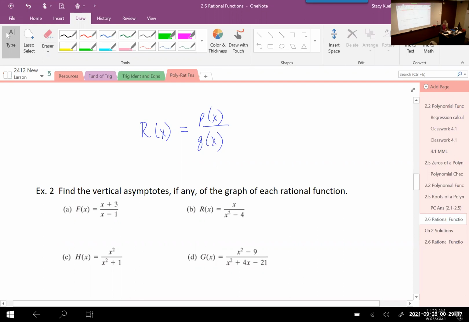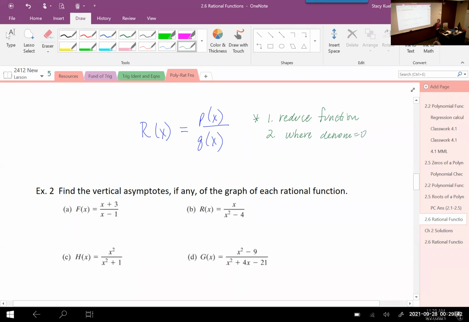When we think about vertical asymptotes, to find those, we're first going to reduce our function. And then we figure out where the denominator is equal to 0.